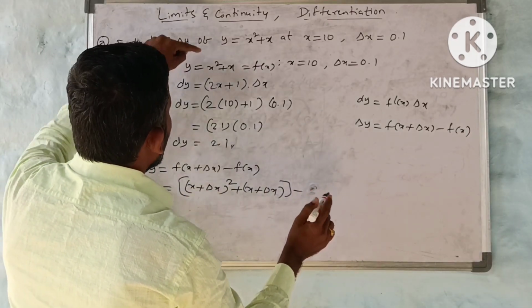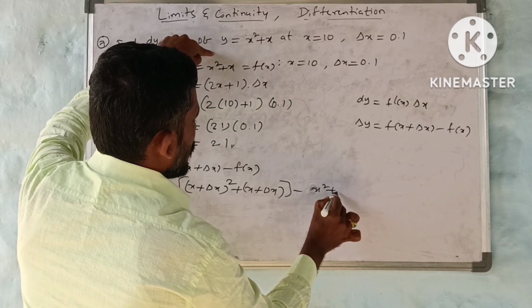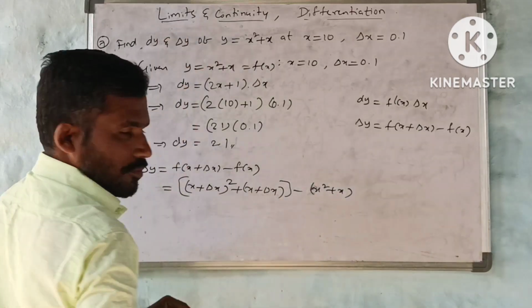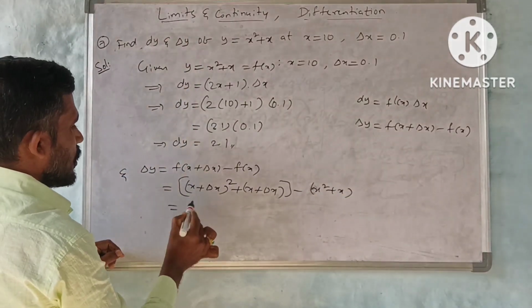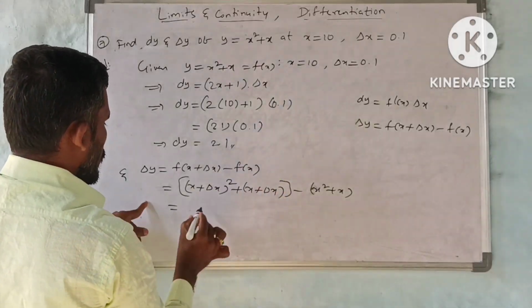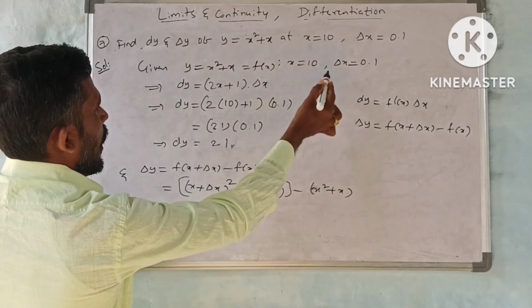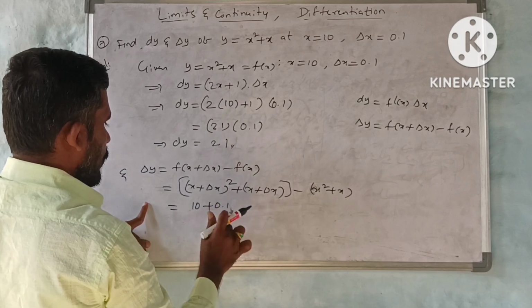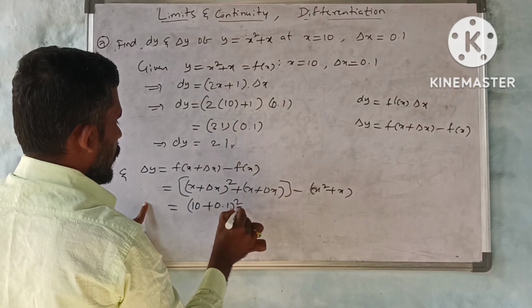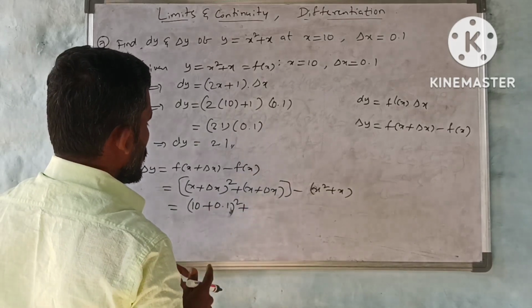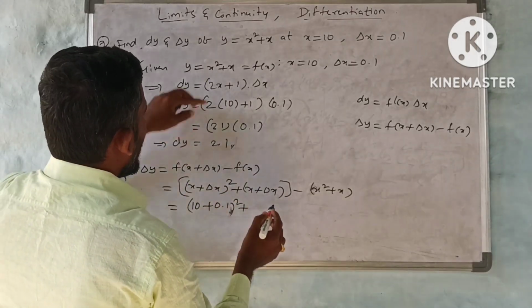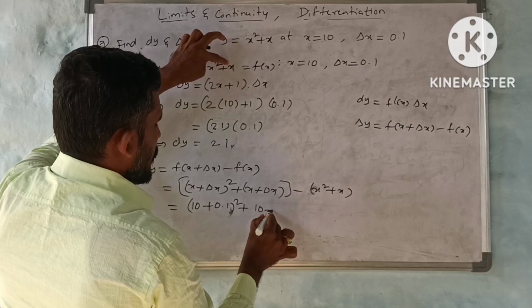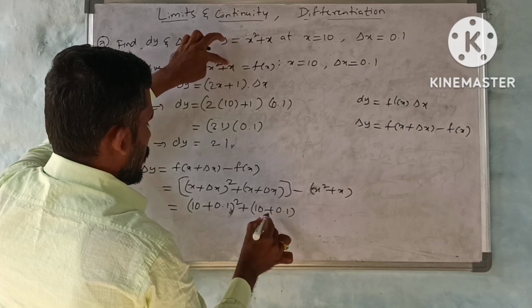f of x is what is given here? x square plus x only given. And this one I am substituting the values here. What is x? x is 10 and delta x is 0.1. So (10 plus 0.1) whole square plus x plus delta x. x plus delta x is 10 plus 0.1.